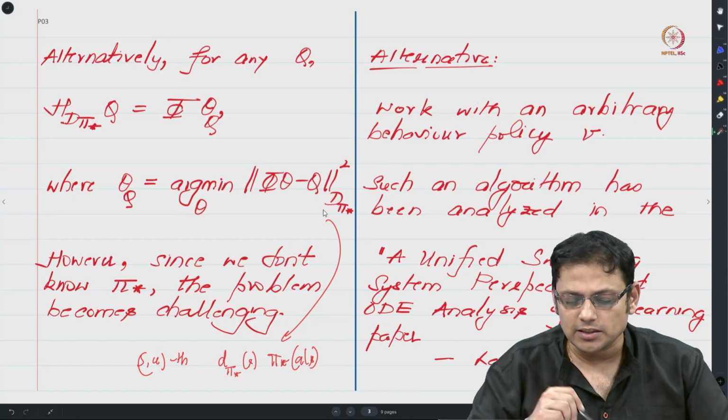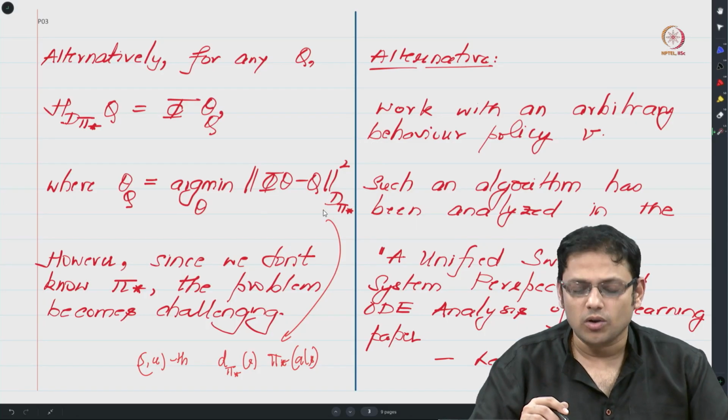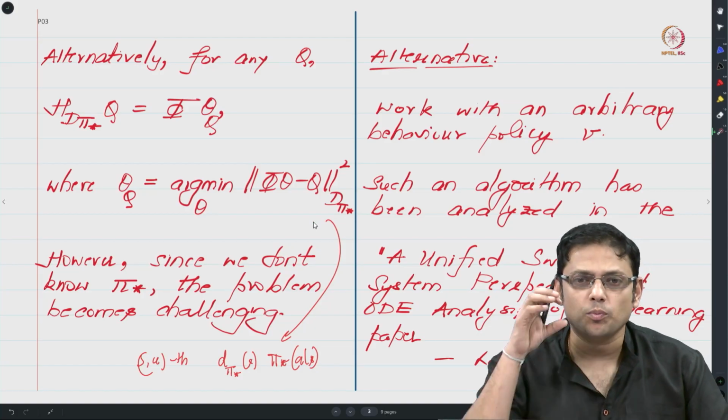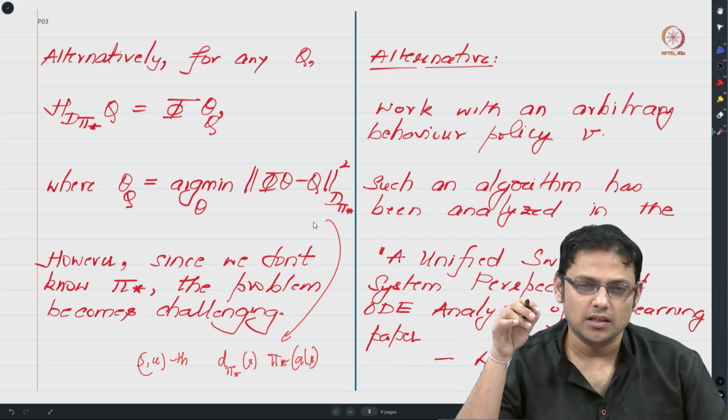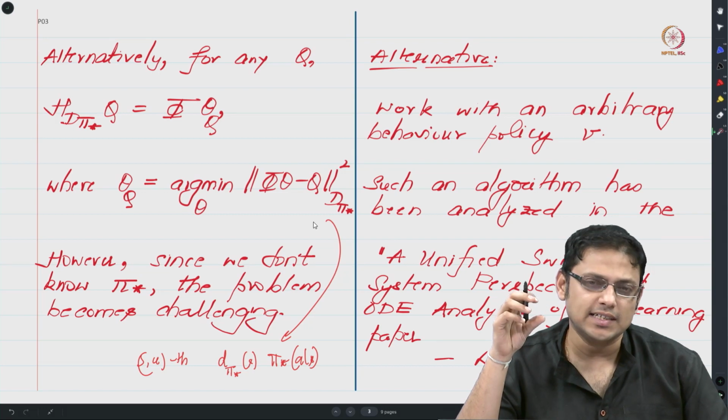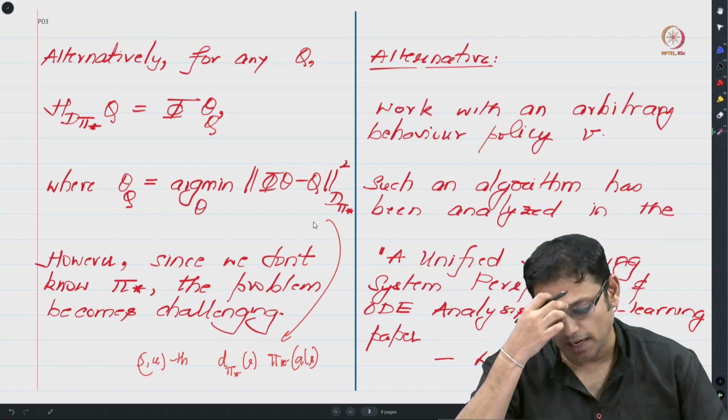There this diagonal matrix was S cross S. However, since we are working with q value functions, these matrices will now be SA cross SA, where by S I mean the cardinality of the state space and by A the cardinality of the action space.